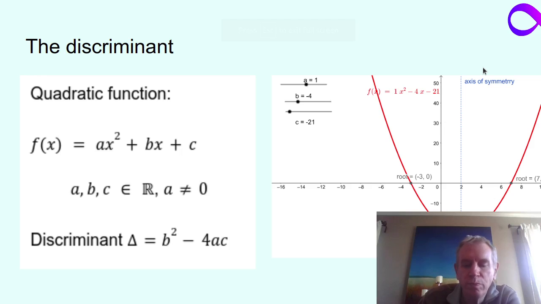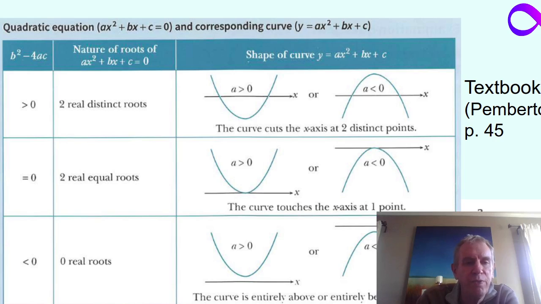So to summarize from the textbook, if b squared minus 4ac, the discriminant, is greater than 0, then we have two real distinct roots. The curve crosses the x-axis twice, and of course the curve can be opening up if a is greater than 0, or it can be opening down if a is less than 0.